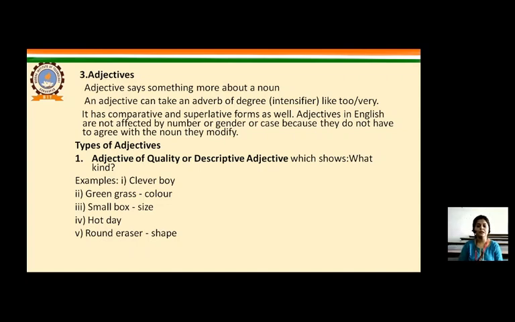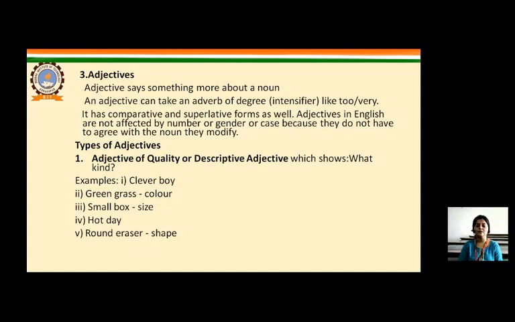So here you are using the intensifier too, that is also an adverb of degree, but you are using that to describe a hot day. So in that case, a hot day becomes a noun and too hot is acting here as an adjective that is primarily an adverb, but it is used as an intensifier in this case.